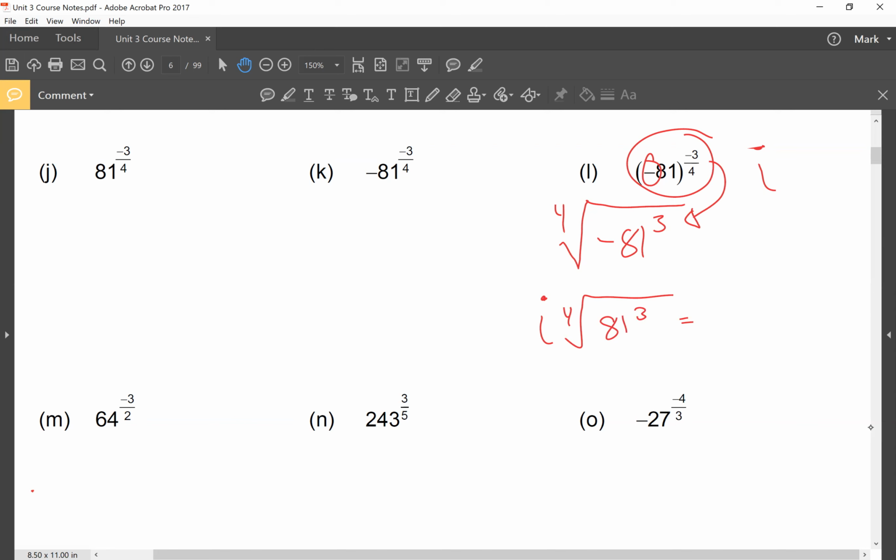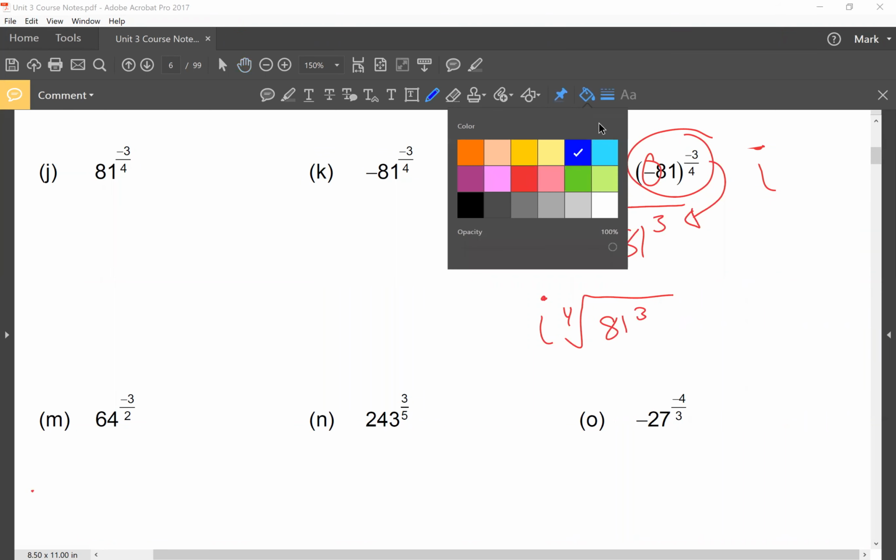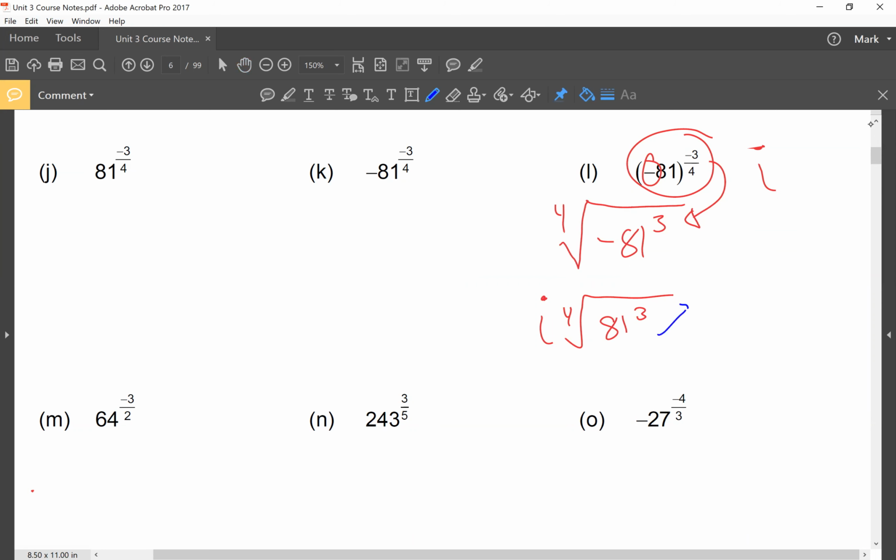So I'm going to put this in on my calculator. Let me just get rid of my equal sign. On a calculator, you could enter this like this. You would say 8 to the power of -3/4, and you would put the I outside.